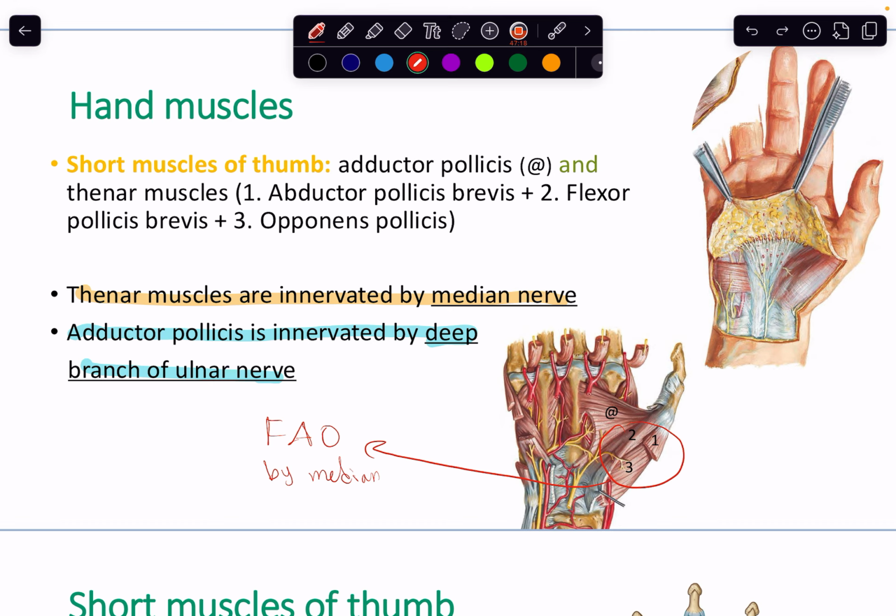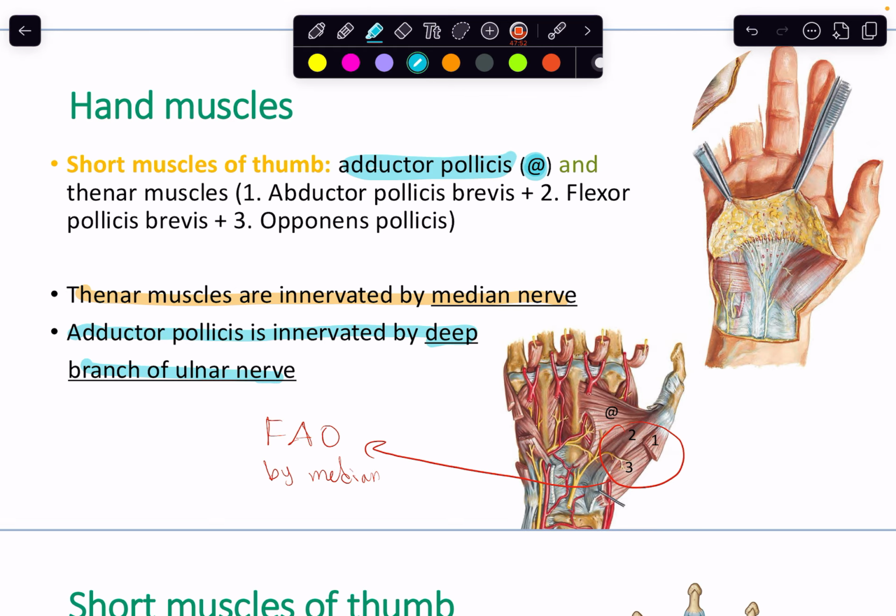These 3 muscles, FAO, are innervated by the median nerve. This we will discuss more one by one. So 3 muscles of the thenar muscles, and this is the 4th one that is innervated by the ulnar nerve.